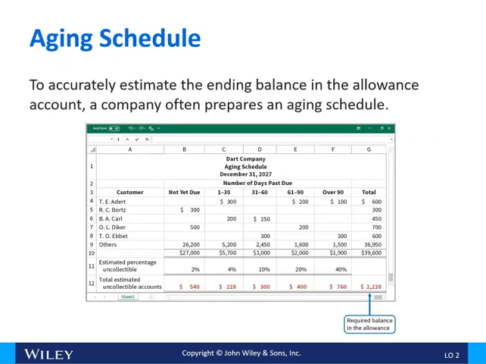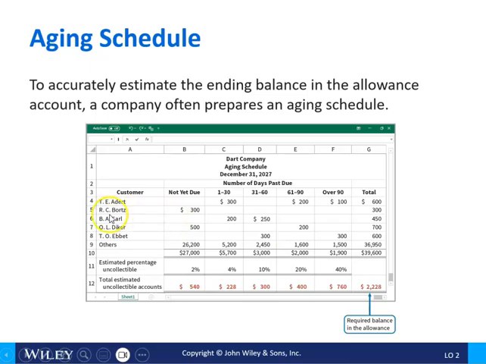Sometimes when we do this, we look at an accounts receivable aging. So an aging statement simply lists the customers. The total is what they owe, so that's going to be our total accounts receivable. And we break it into different buckets, different columns in this case, of how old the receivable is.